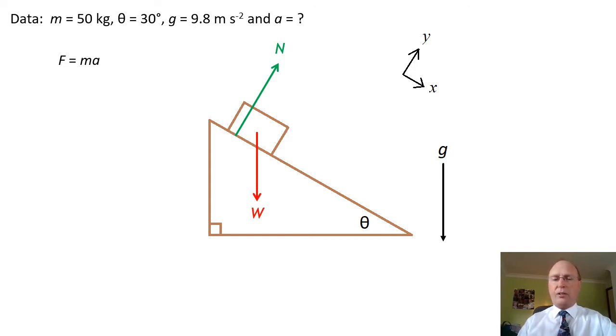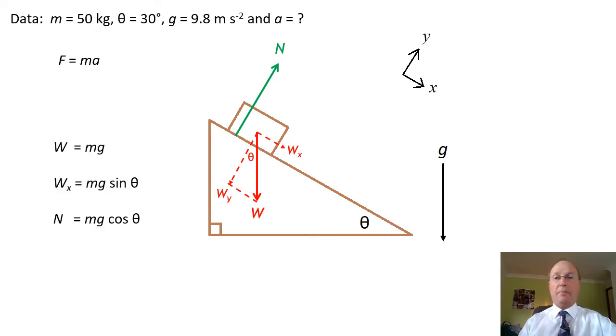Let's resolve the components of the w vector. We now have wx and wy, and you can see that these two components add by vector addition to give w. This small acute angle here is the same size as the angle of the inclined plane to the horizontal, just by using similar triangles, as you can see here.